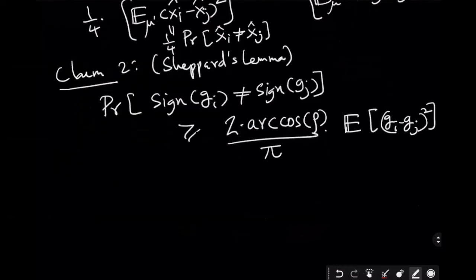Let's maybe also write down what rho is: rho equals E tilde of x_i x_j.